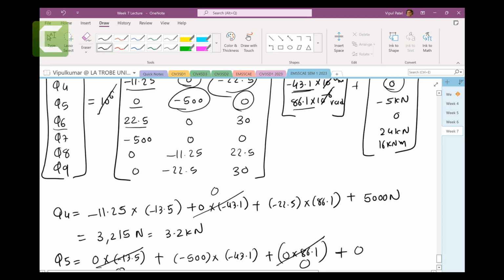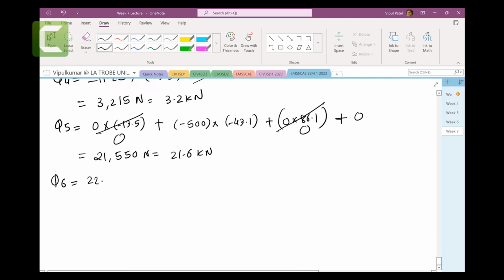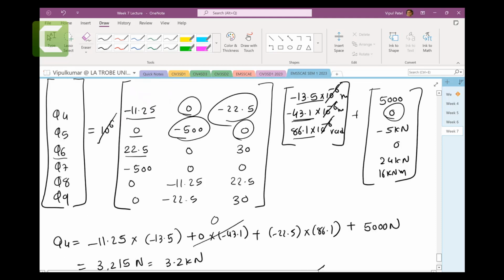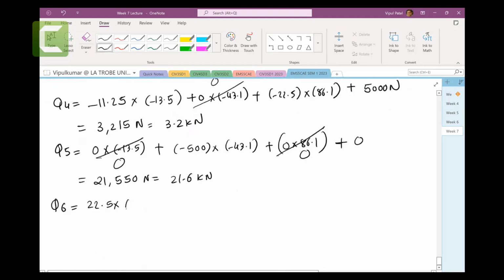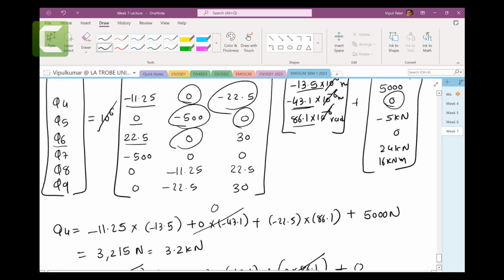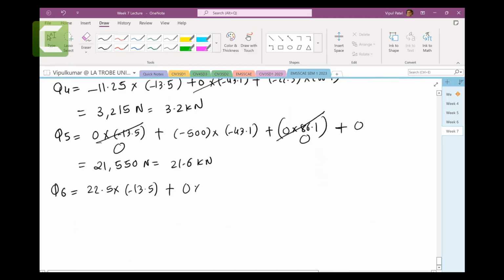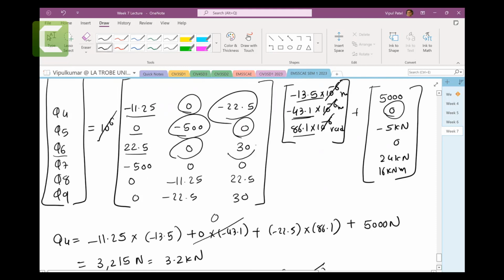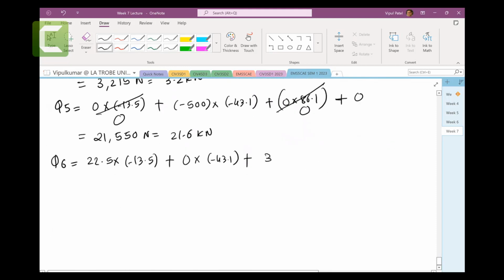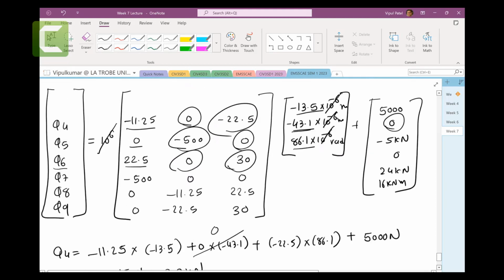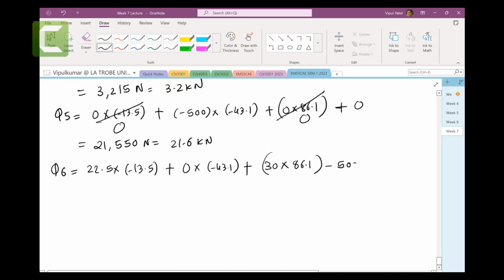Q6 here. 22.5 times minus 13.5 plus 0. So 0 doesn't count. 0 times minus 43.1 plus 30. So 30 times 86.1. And then you have this one minus 5,000 newtons.